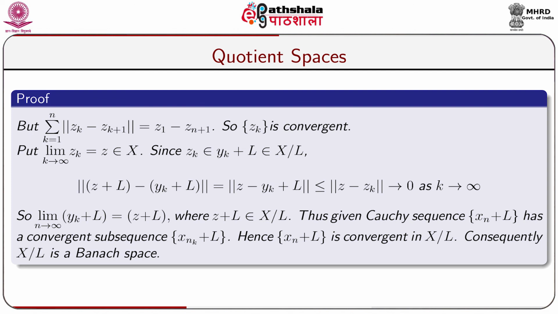Hence, xn + L is convergent in X/L. Thus, we have started with a Cauchy sequence xn + L, which is now convergent to an element of X/L, and consequently X/L is a Banach space, that is, every Cauchy sequence is convergent to an element of the space X/L.